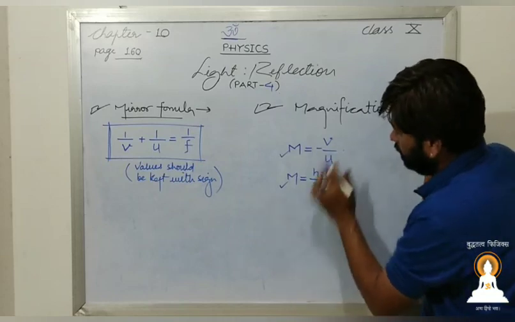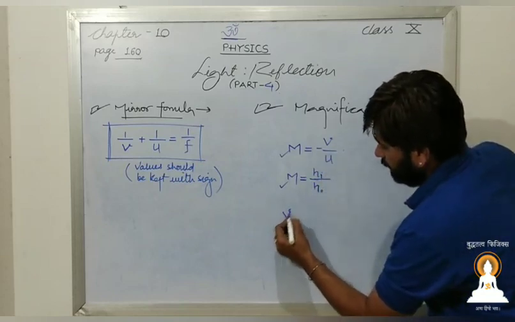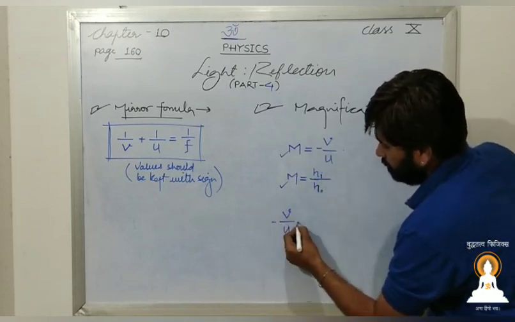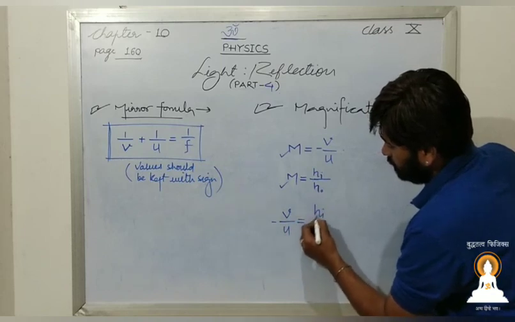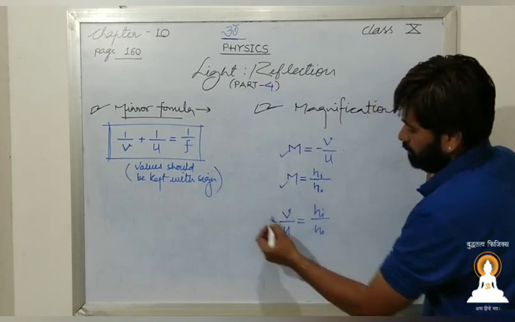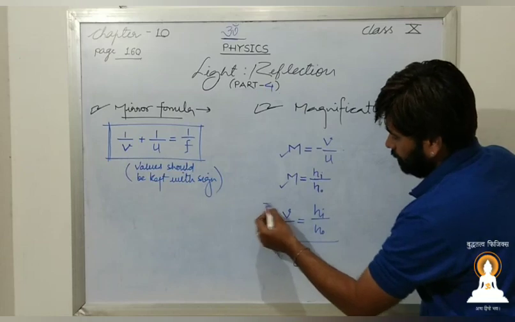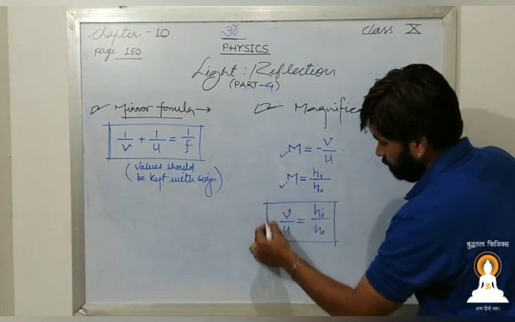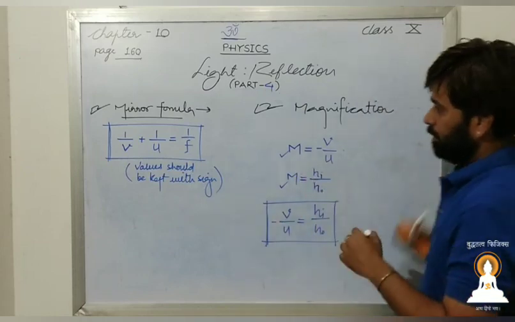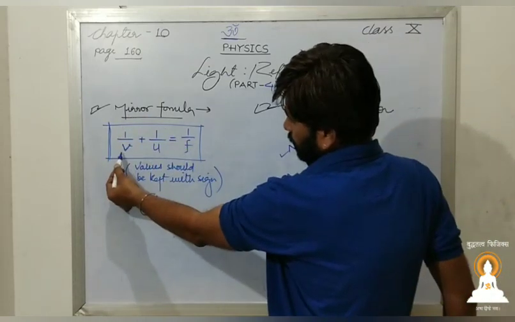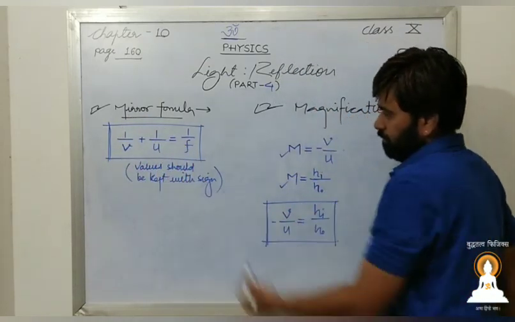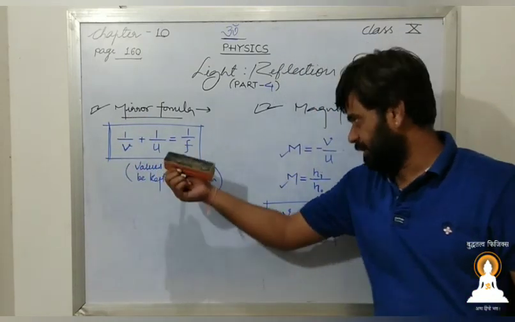It is also m, so if we equate them, we get minus v by u is equal to height of image upon height of object. So remember, the mirror formula is 1 upon v plus 1 upon u is equal to 1 upon f, with values kept with sign.